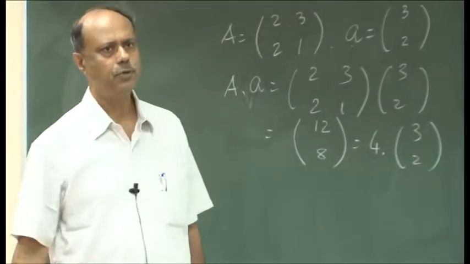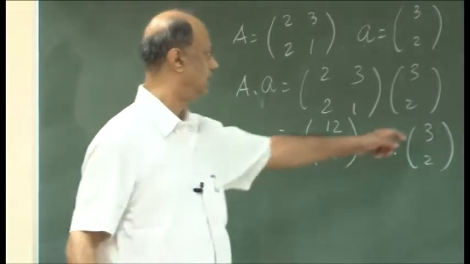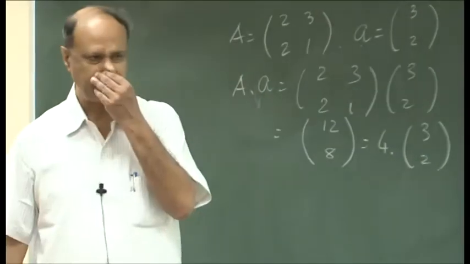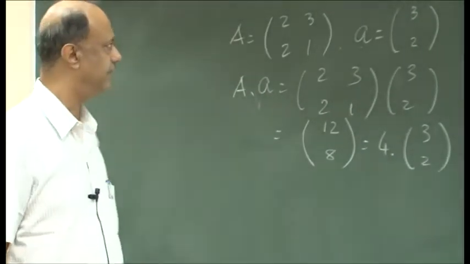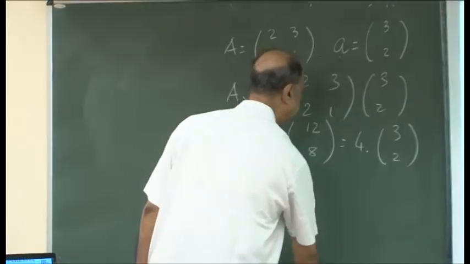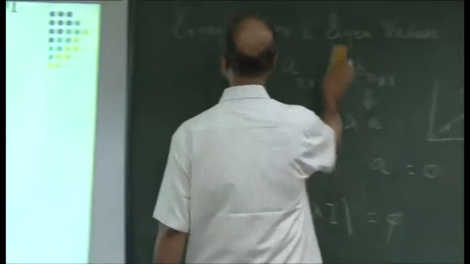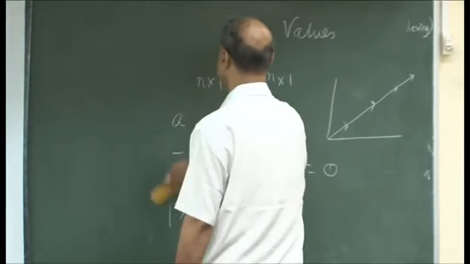So, lambda is 4 and so 3, 2 is your eigenvector. Now, how to find this? You see here I have just put the value and I have told that it is an eigenvector.